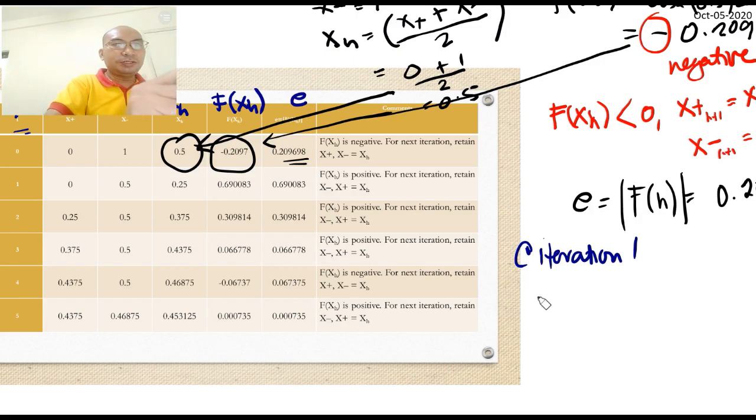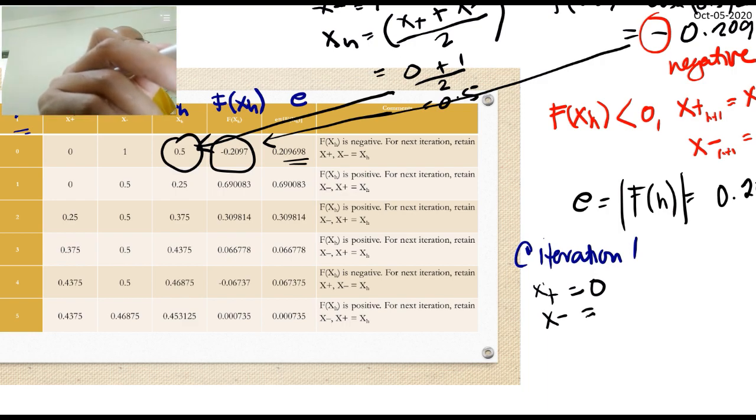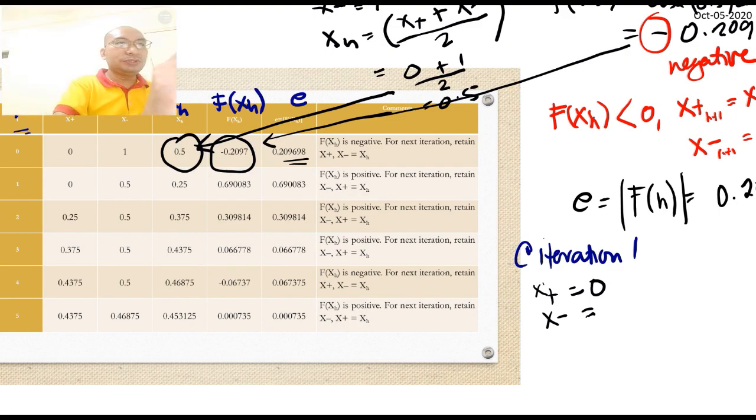We have mentioned that our value of x plus will retain. So what is the original value of x plus? That is 0. And what will be the value of your x minus? It will be now your xh. And what is the value of xh from the previous solution?